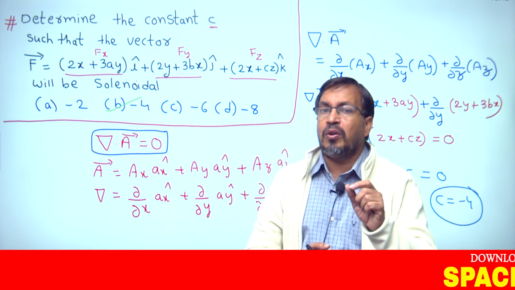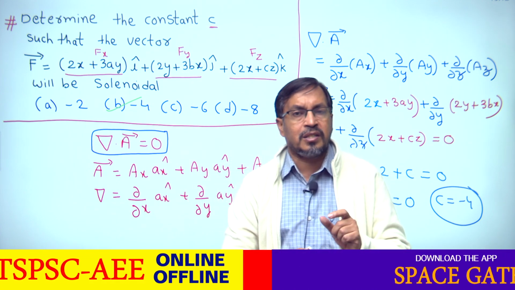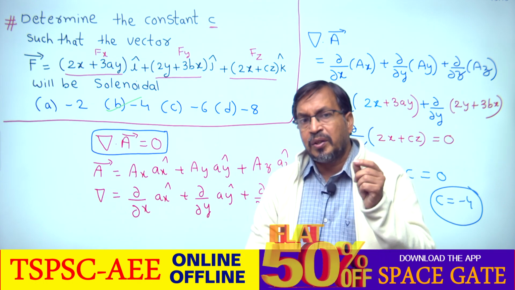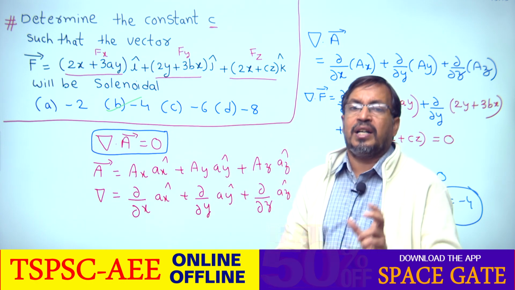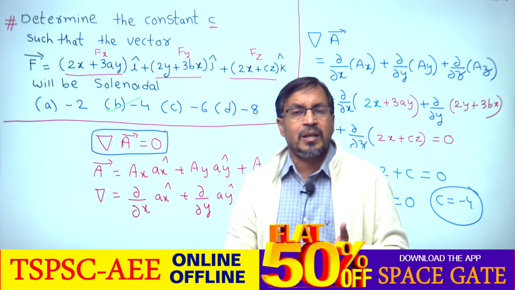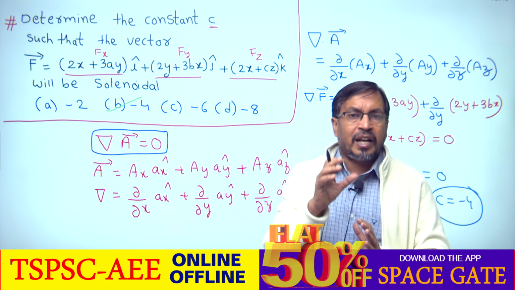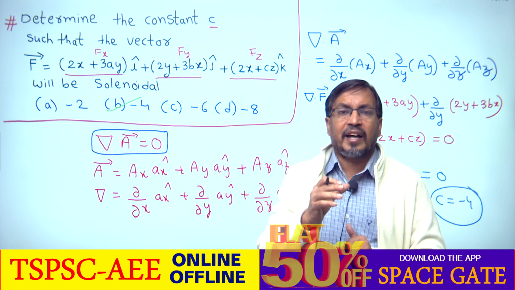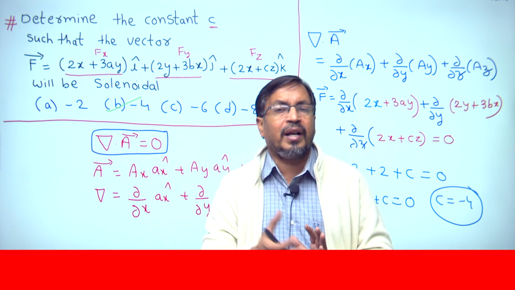For that you must know the del formula in rectangular, cylindrical, and spherical coordinate systems. When a question on divergence is given, first check which coordinate system the given vector is in, whether rectangular, cylindrical, or spherical. Identify the type of coordinate system, then write the divergence formula for the corresponding coordinate system. After that it is simply a dot product.